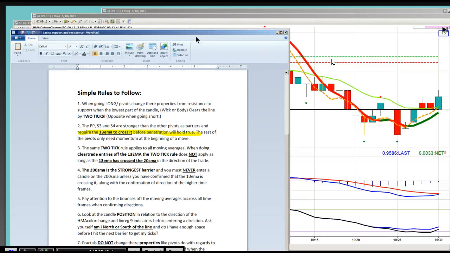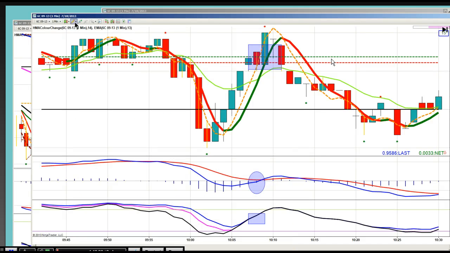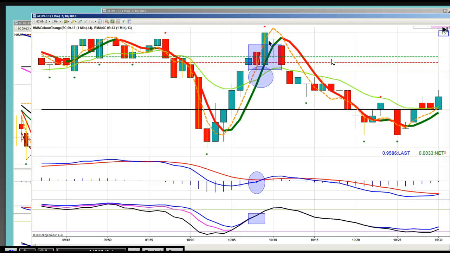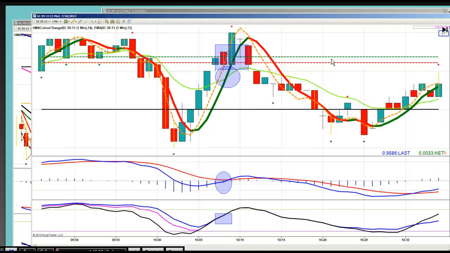So at this particular point, has the 13 EMA crossed it? No. It's a classic fake out. It's a nice HFT move. Bang, you just got stopped out. So if you combine the crossing plus now we're north, now we know we're ready to rock and roll and move on through in the uptrend.